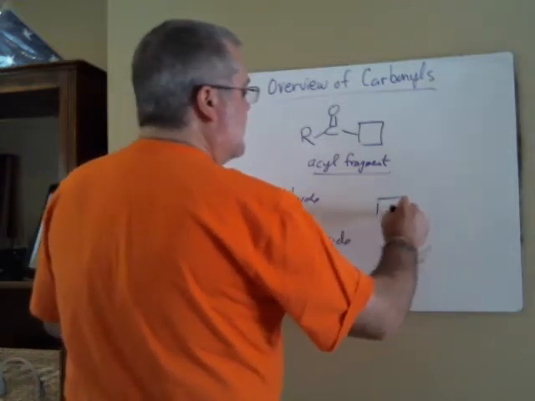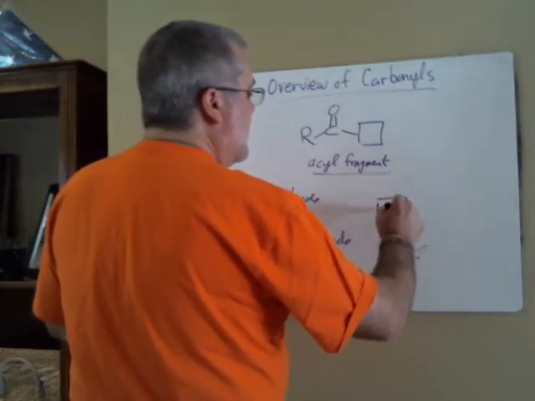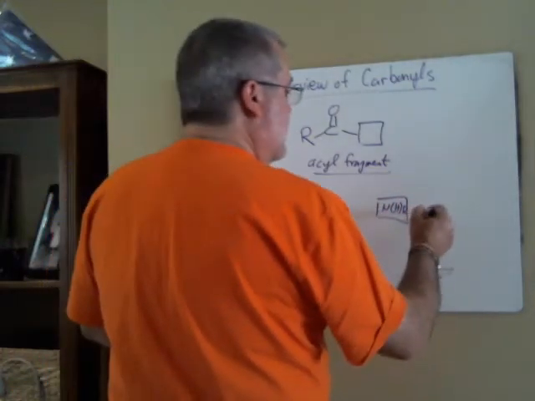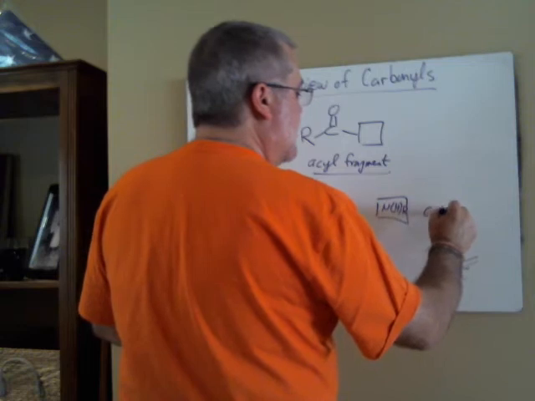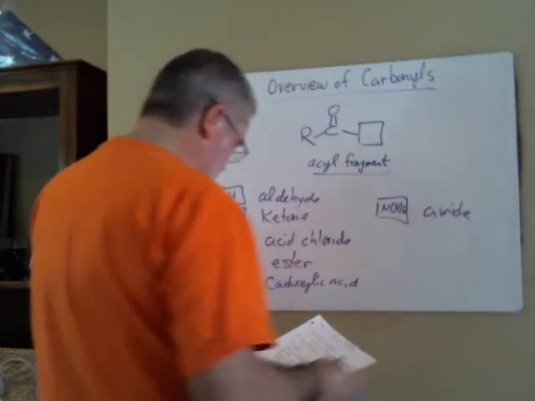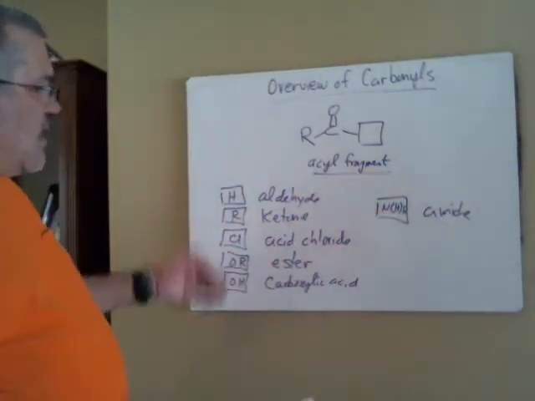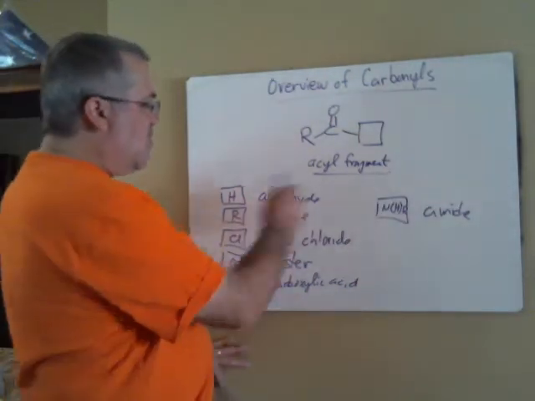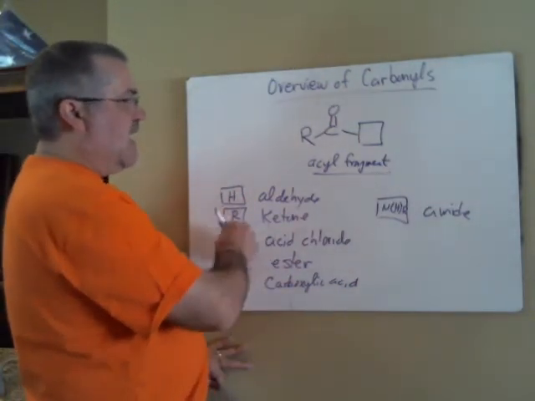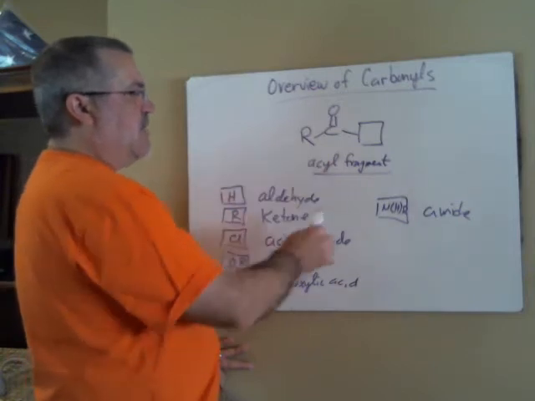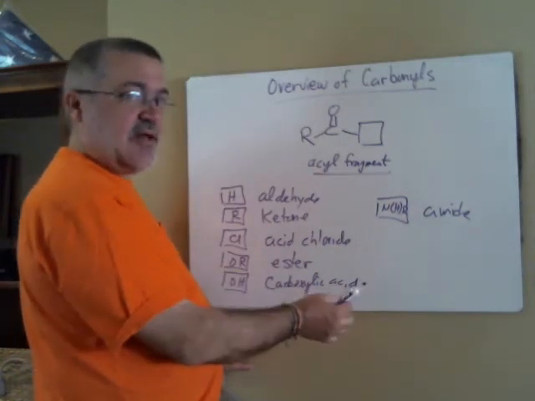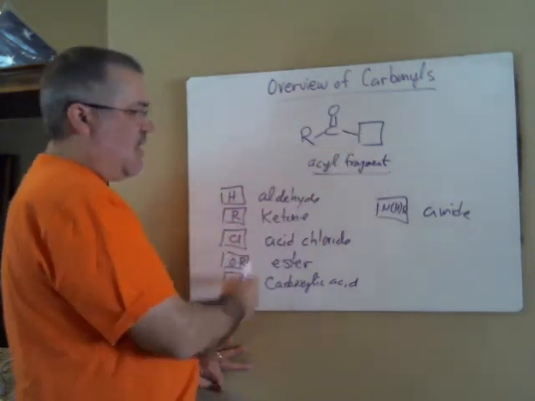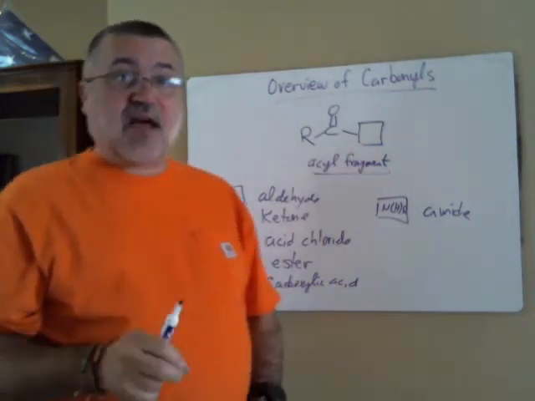You put an NHR, a nitrogen-containing substituent, it's an amide. And we could go on: if you put an O, then a carbonyl, you have an acid anhydride. But basically the point here is what's defining the functionality is you have the acyl group in common for all carbonyls, and it's just that one group in the box that defines the exact type of carbonyl.